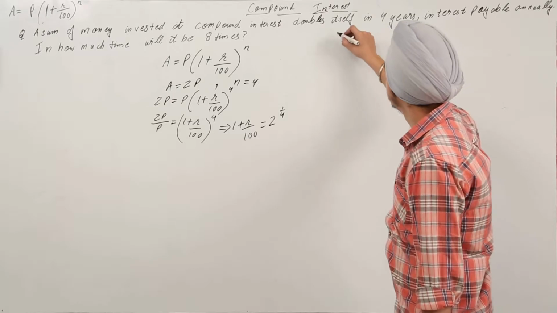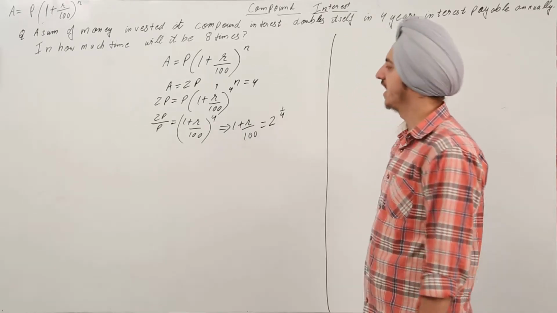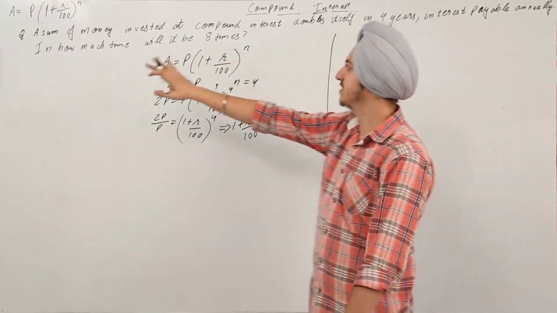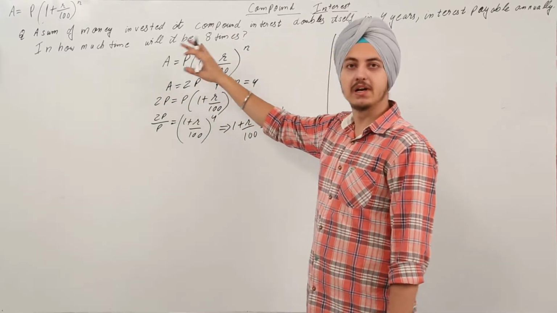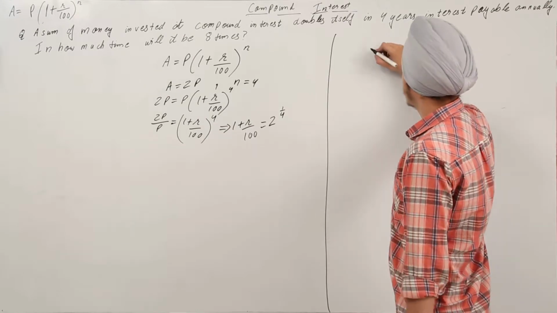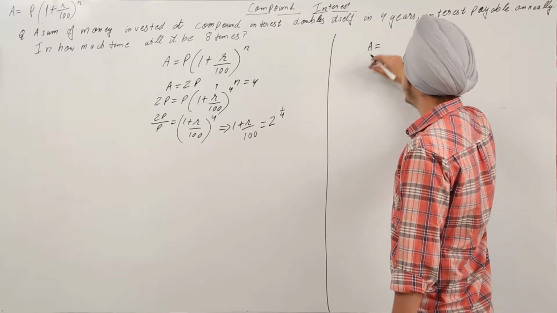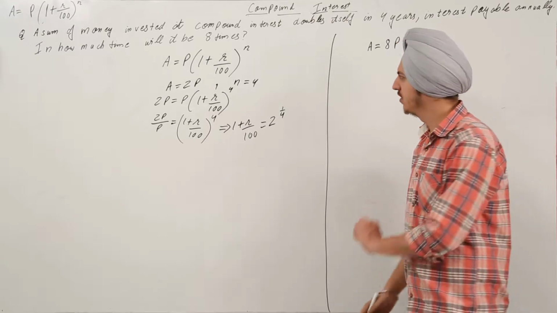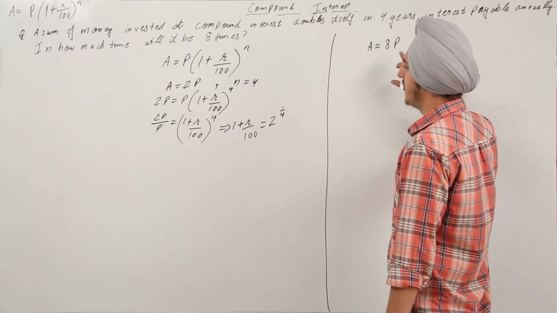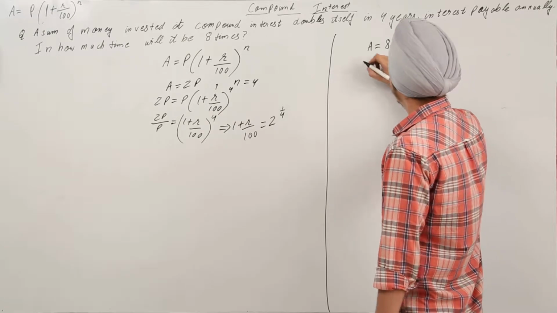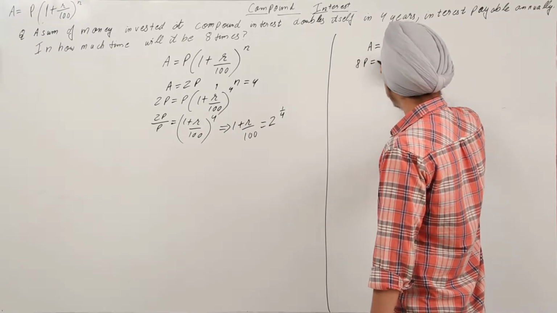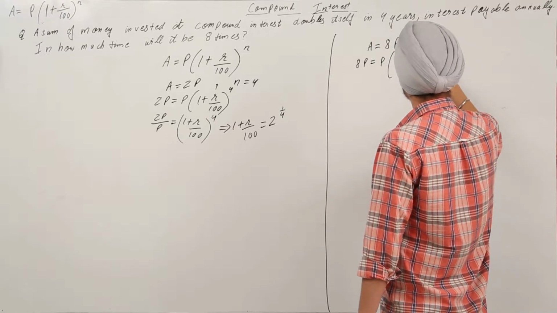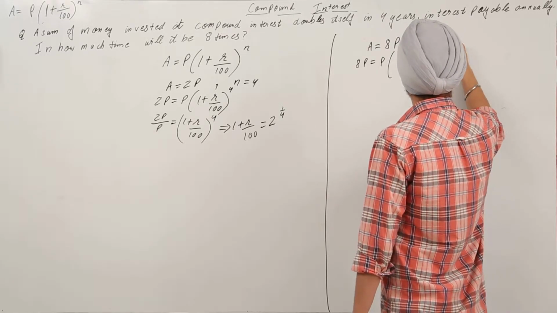Am I right? Now we come to the other part of the question, which says in how much time will this money become 8 times. So 8 times means A is equal to 8 times P. Am I right? So if A is equal to 8P, we have 8P is equal to P into (1 plus R by 100) raised to power n.